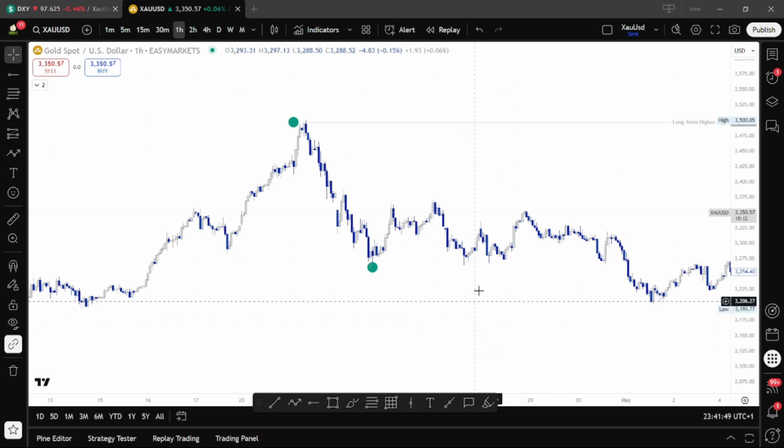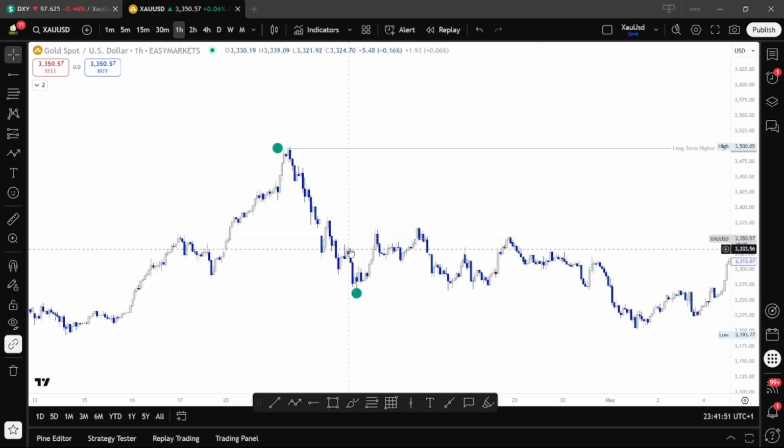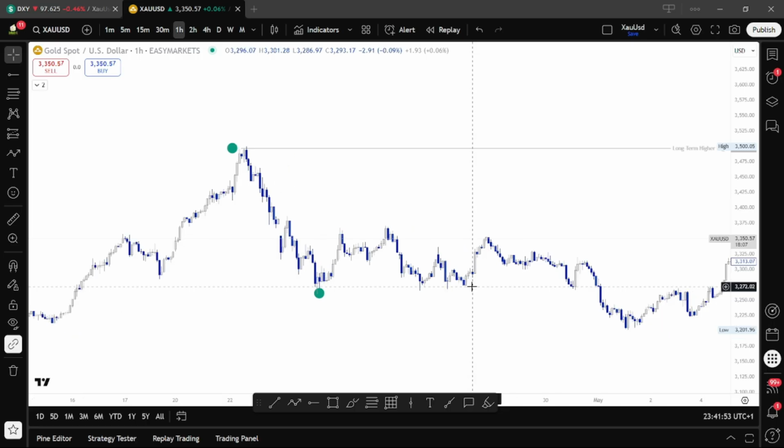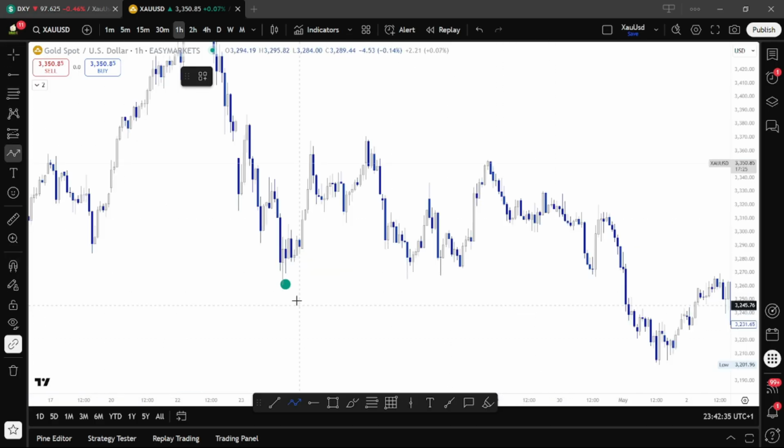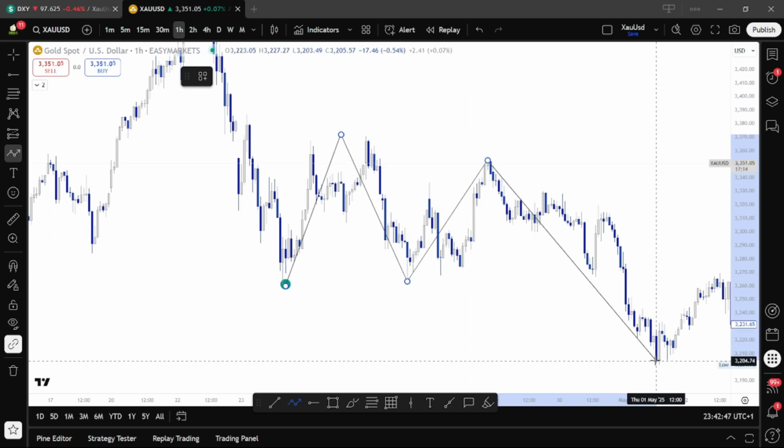Now immediately we broke above this high here. After this mission was completed, we took a deep retracement by breaking a recent high. And then all these highs here were being protected. So I take the middle, and then came to this level, and this one here broke down.